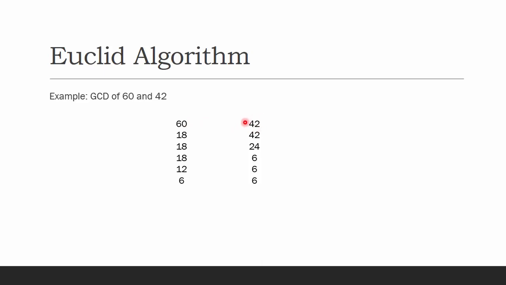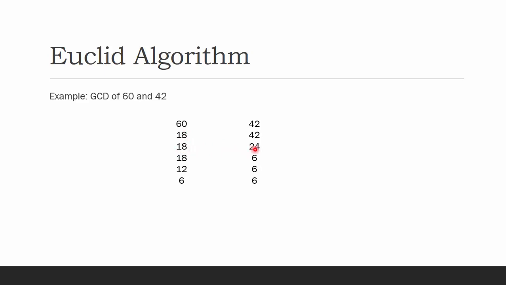So 42 is less than 60. We subtract 42 from 60, we get 18. 42 stays in the second iteration. And now 18 is less than 42. We subtract 18 from 42. 42 becomes 24. 18 stays for the next iteration.